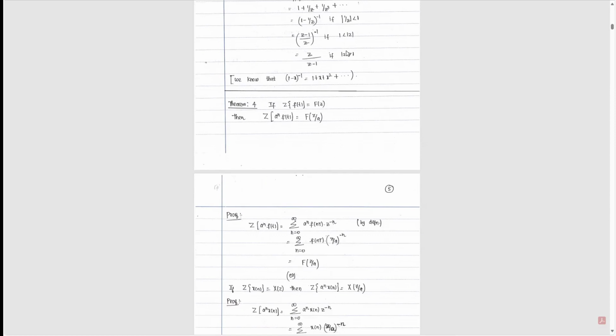And we can write it in terms of binomial expansion. Got it? We have the formula of binomial expansion. When we have 1 minus whatever we have here, we have 1 upon z.